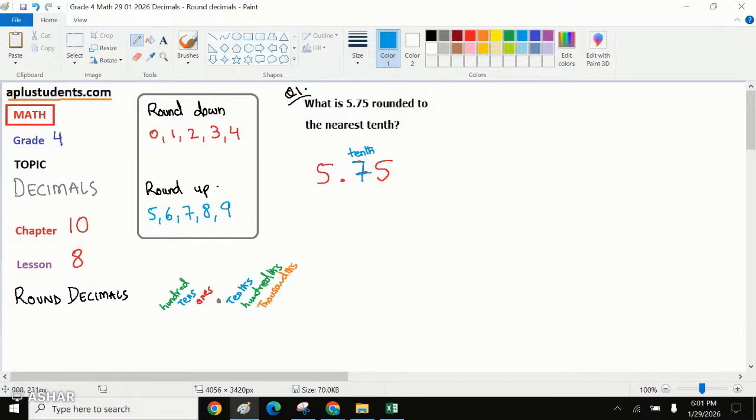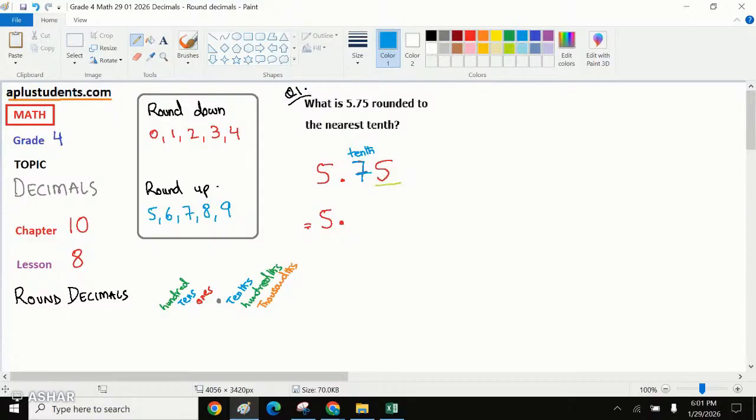Now what we need to see is whether 7 should be rounded up or rounded down. Since 5 stays as it is, 75 is nearer to 80, so 7 would be nearer to 8. And we remove all the digits on this side.